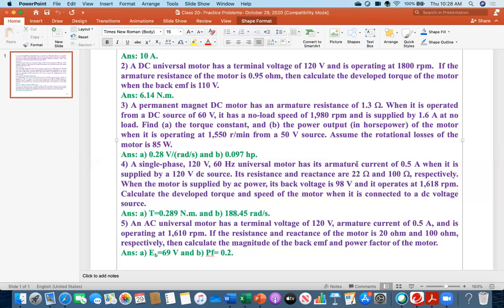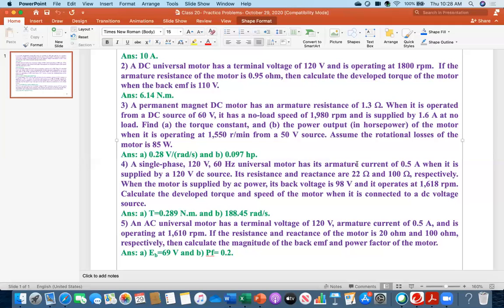You mentioned the equation EAC over EDC equals omega AC over omega DC. Use that equation instead. Okay, yeah, I can do that too.